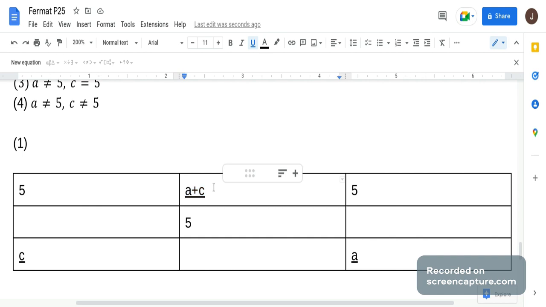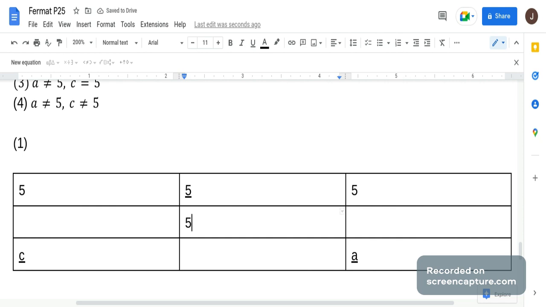So this can be 0, 5, or 10. However, remember that the problem says it can only be 1 to 9, right? So this means that this can also only be 5.